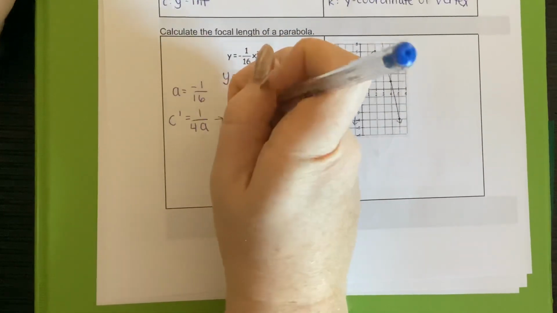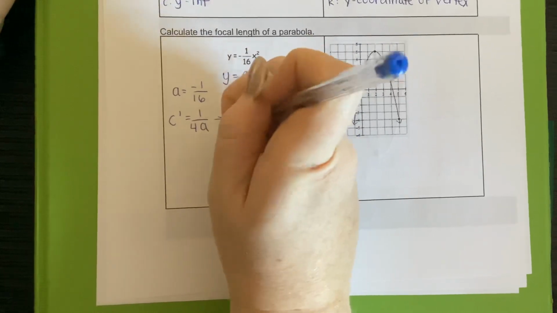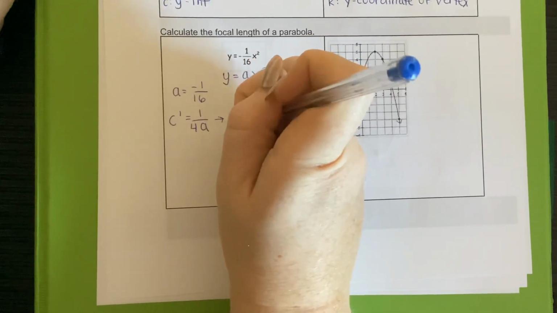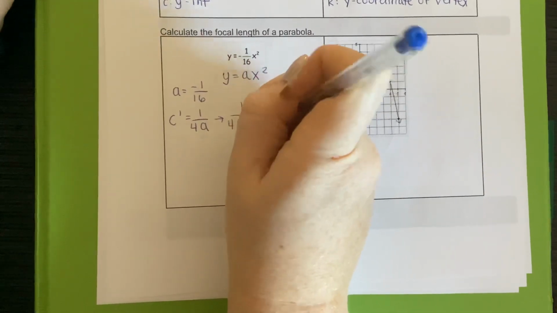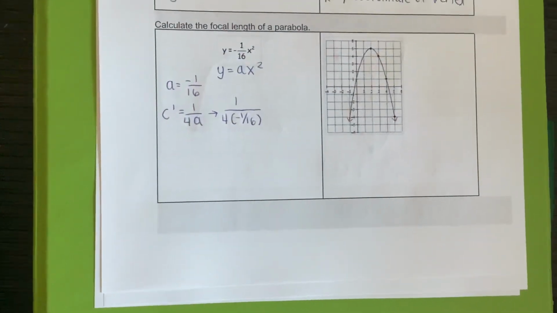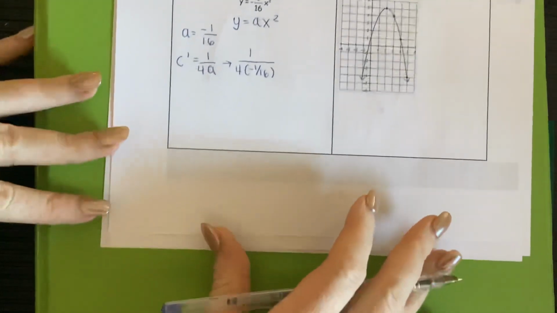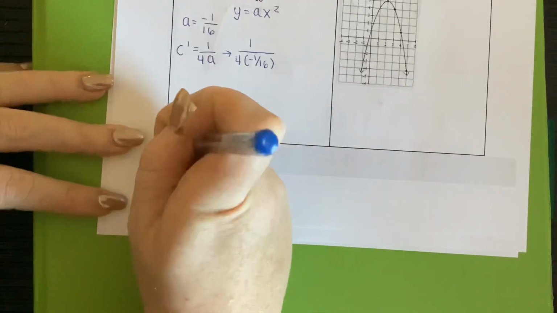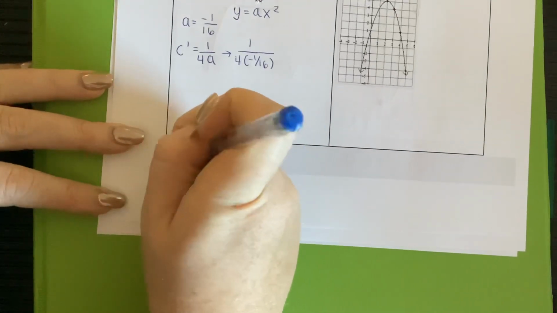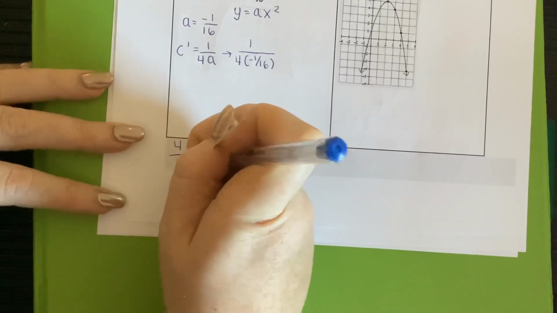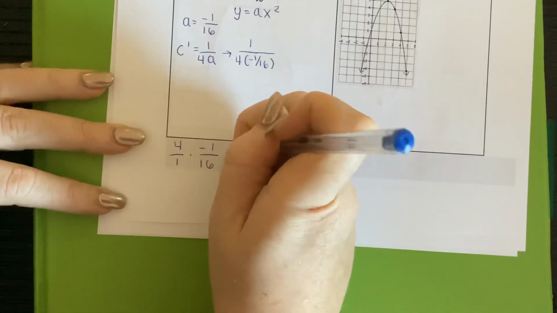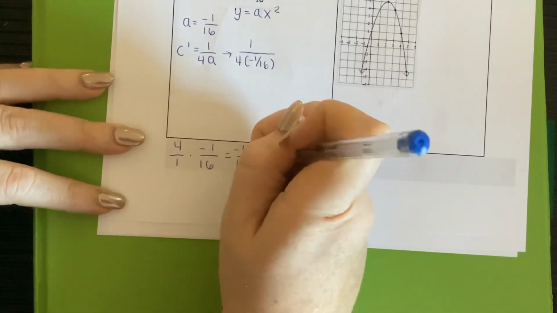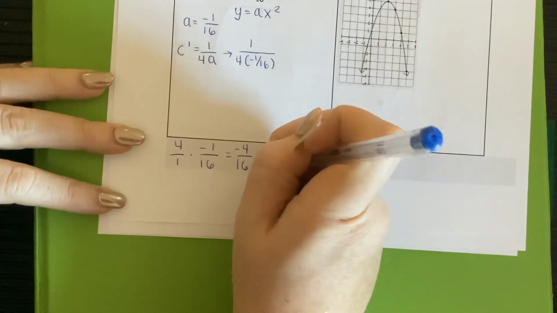So if we plug in what we have, 1 over 4 times negative 1/16. Yes, you should be able to do that. If you need to come off and do it on the side, that's fine, but this is 4 over 1 times negative 1 over 16, which gives us negative 4 over 16, which is negative 1/4.